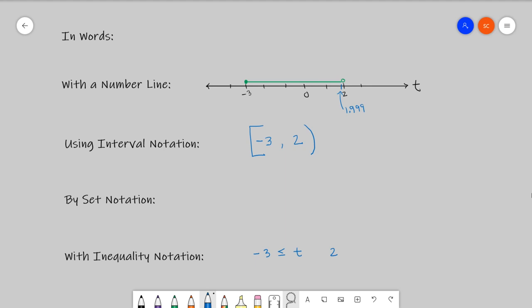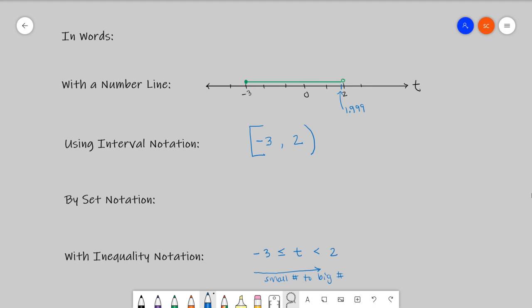And then on the upper side, remember we don't want to include 2, so I'm going to use just a less than symbol. Notice here that as I gaze with my eyes from left to right, I'm moving from small numbers to big numbers. And t is right there in the middle.